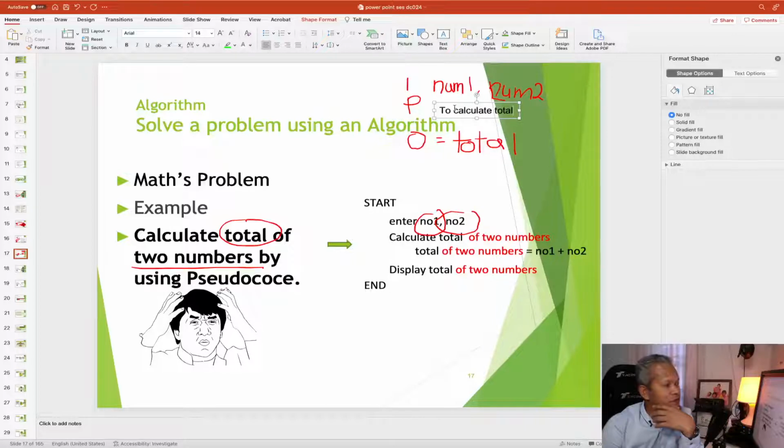We just write, explain the formula we can use. Okay, hopefully you can understand the difference between problem analysis and then algorithm or solution. Okay, I already write here.